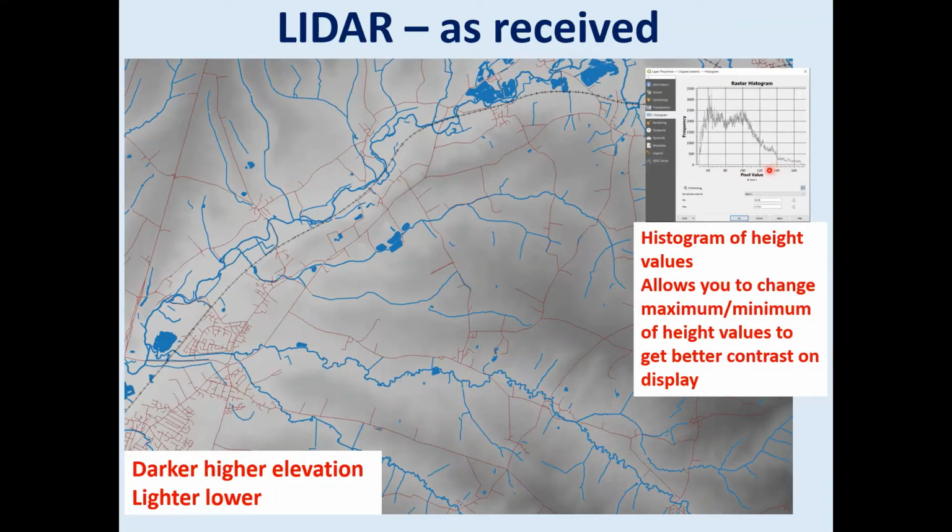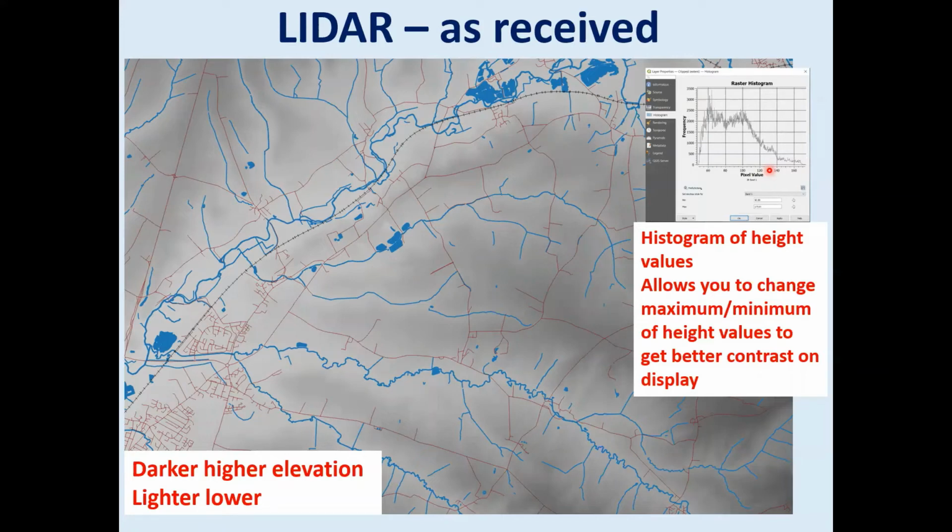And you can use this to set a minimum and maximum, because it may be the area you want to look at actually has quite a narrow range of heights, and it will by default display the full range, and you can change the minimum and max to get better contrast. But it still isn't great. It doesn't look that helpful.